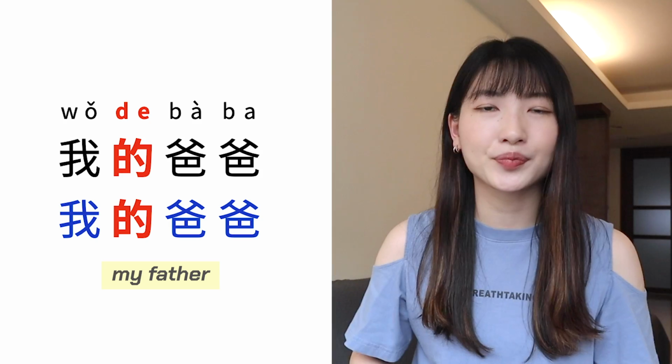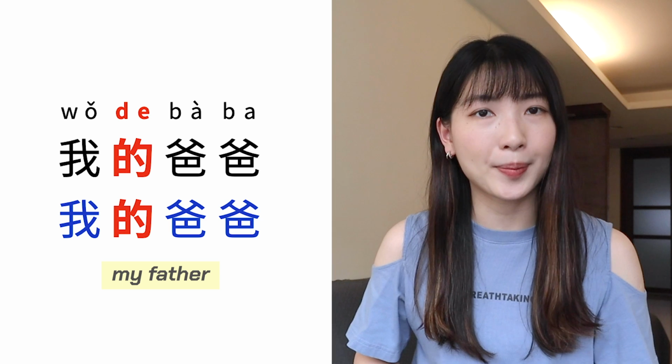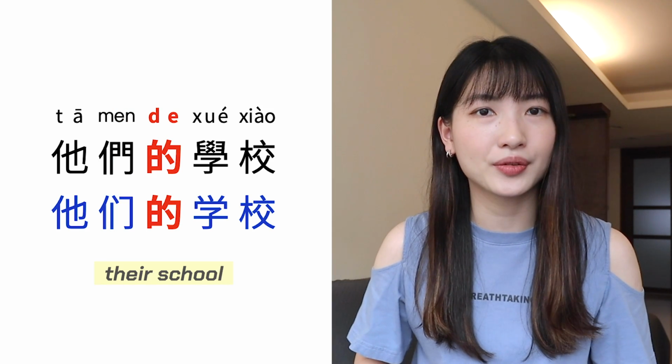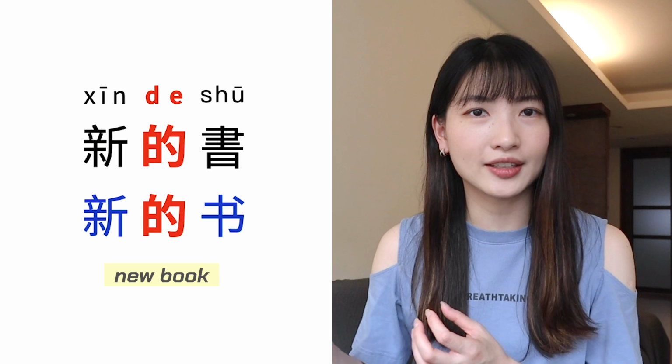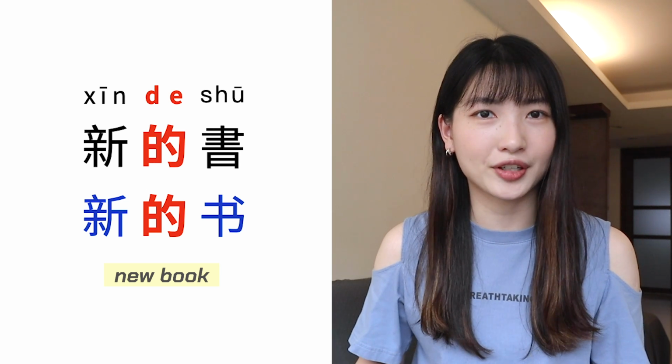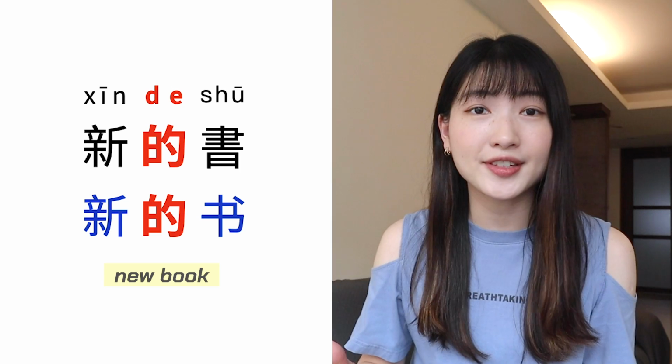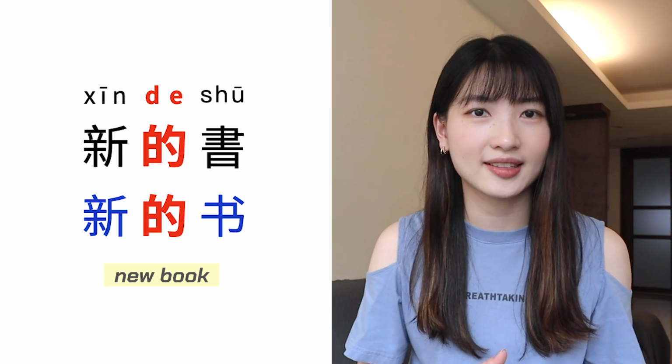In these three situations, the 的 tends to be omitted, but sometimes you will hear people adding the function word 的 to them. For example, 我的爸爸，他们的学校，新的书, etc. When the 的 is added to them, it's usually to emphasize the word that precedes it. For example, when you say 新书, it means new book.